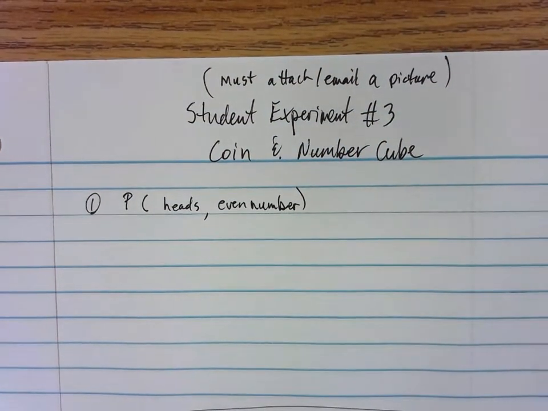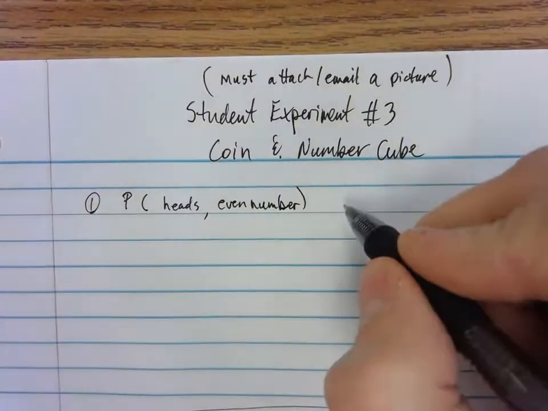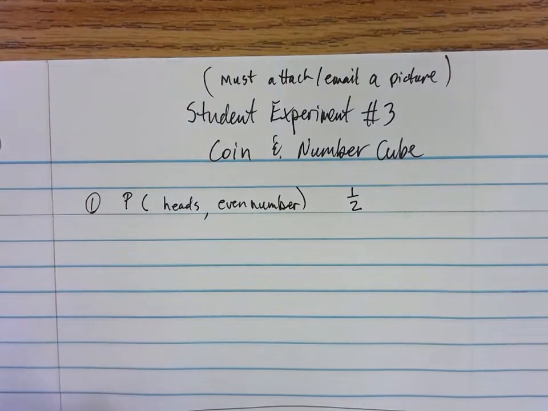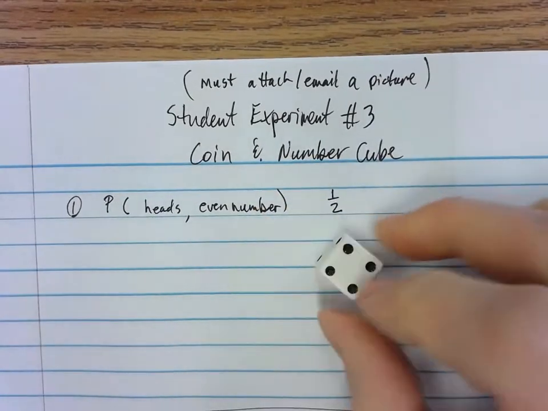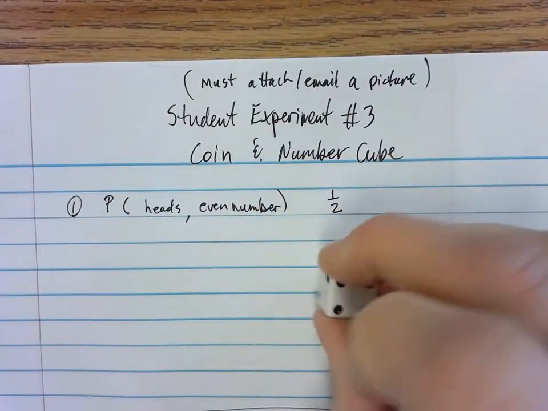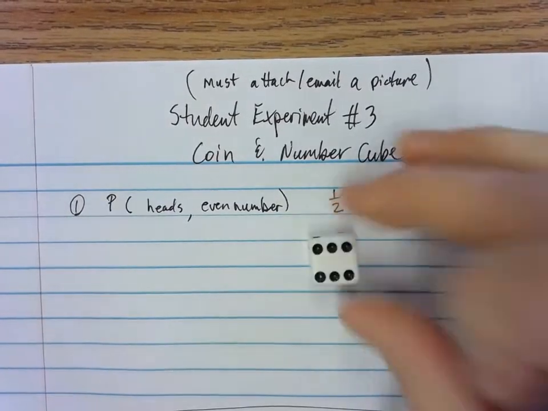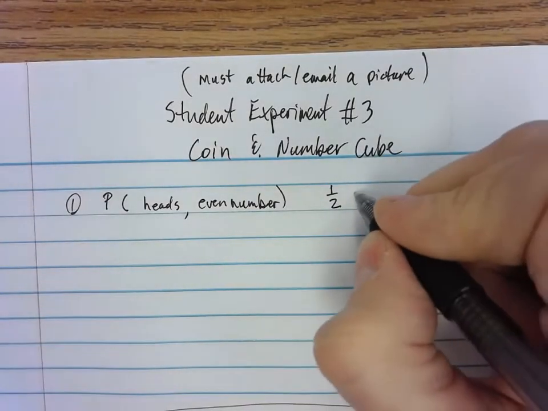What's the probability you flip heads? Well, that would be 1 out of 2. Theoretically, the probability of heads is a half. What's the probability you roll an even number? Well, the even numbers are 2, 4, 6. So that would be 3 out of the 6, which also reduces to a half.